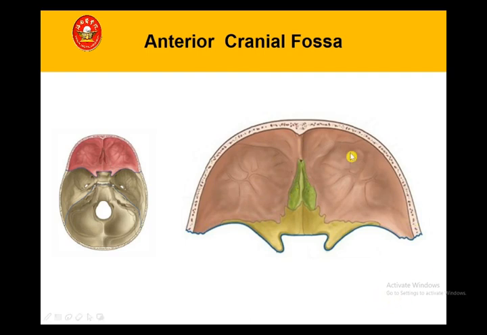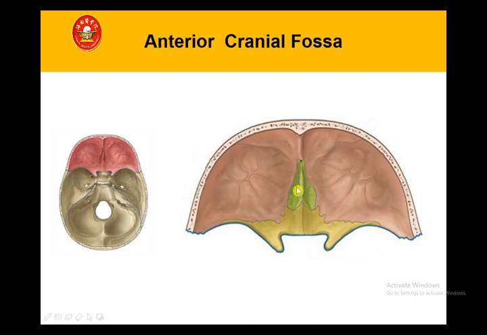First of all, here we can see the frontal bone, this is the ethmoidal, and this is a part of the sphenoidal. In the frontal bone, we can see the frontal crest. On the ethmoidal bone we can see the foramen cecum, and this elevation we call the crista galli.